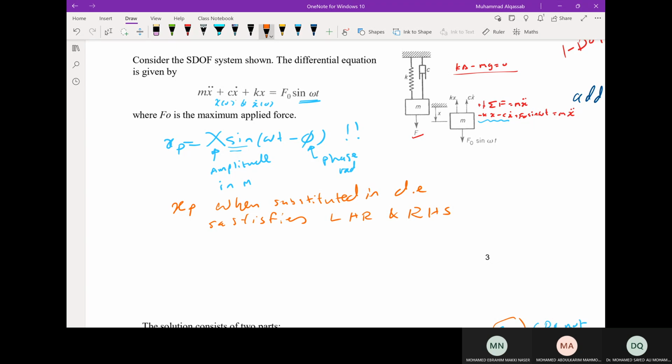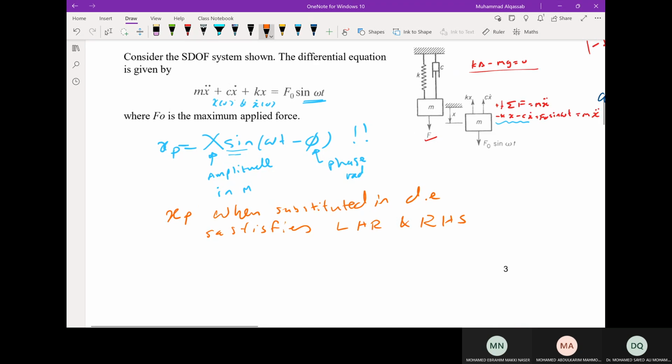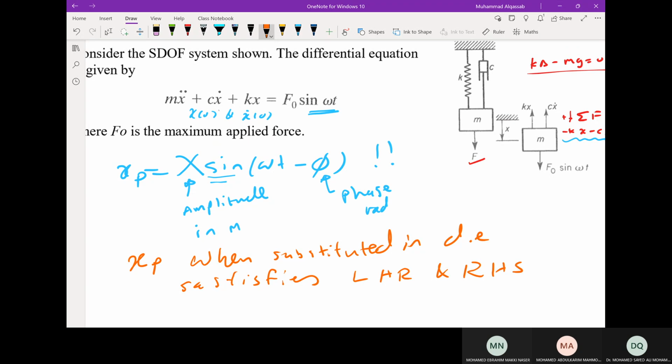Okay, so you can do this, but this mathematically requires a few steps, and that might be a little long here. So we can think of this differential equation in a different way. Each term in the differential equation is representing a force. So we have m x double dot, which is a force called the inertia force.